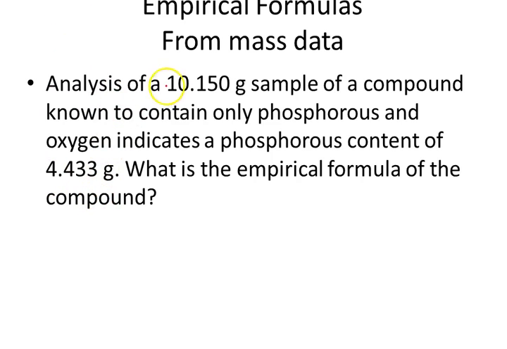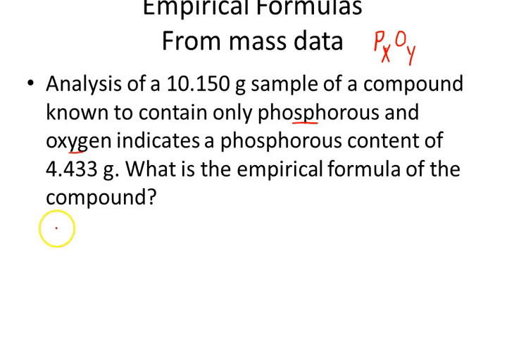In our next problem, a very similar problem, we've got an analysis of 10.150 grams of a compound that contains only phosphorus and oxygen. The analysis indicates that the phosphorus content is 4.433 grams out of the 10.150 grams. We want to know the empirical formula. So again, we're looking for the number of moles of phosphorus to the number of moles of oxygen.